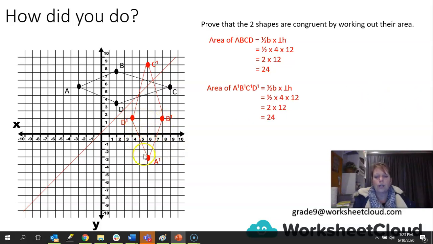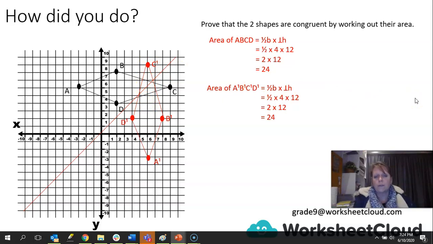Let's see if we can work it the other way. If we go this triangle and then this triangle, I'm sure you know it's going to be right, but just humor me. Okay, so 1, 2, 3, 4. Half of that is 2 times 1, 2, 3, 4, 5. 2 times 5 is 10. And then we work out this triangle area, and that's 1, 2, 3, 4, obviously, because it's the same base. 1, 2, 3, 4, 5, 6, 7.